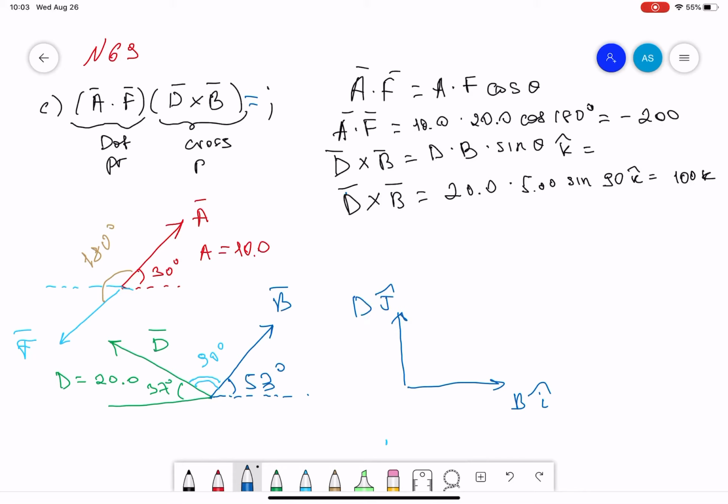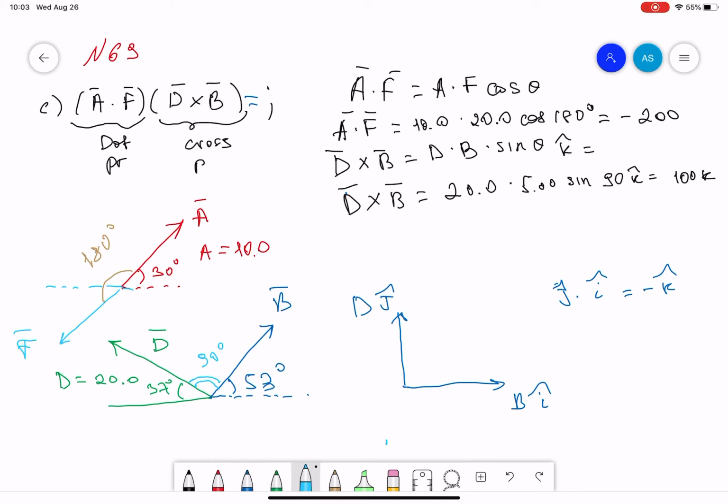Then when finding the cross product, the j vector multiplied by the i vector should give you negative k vector, correct?